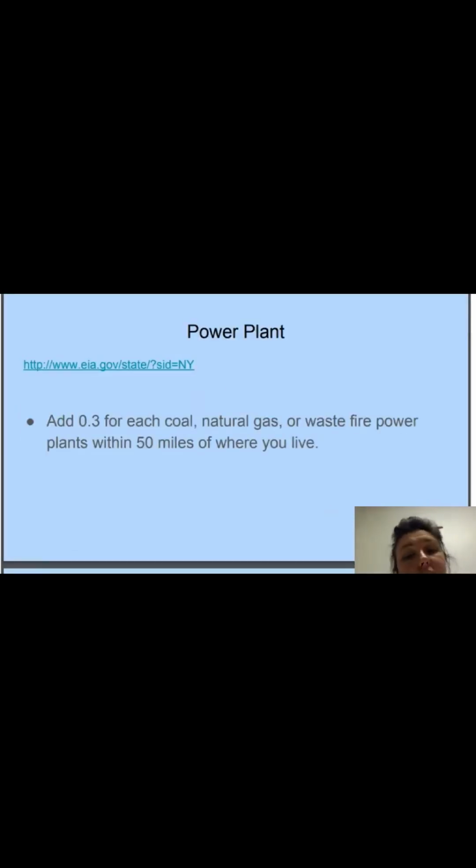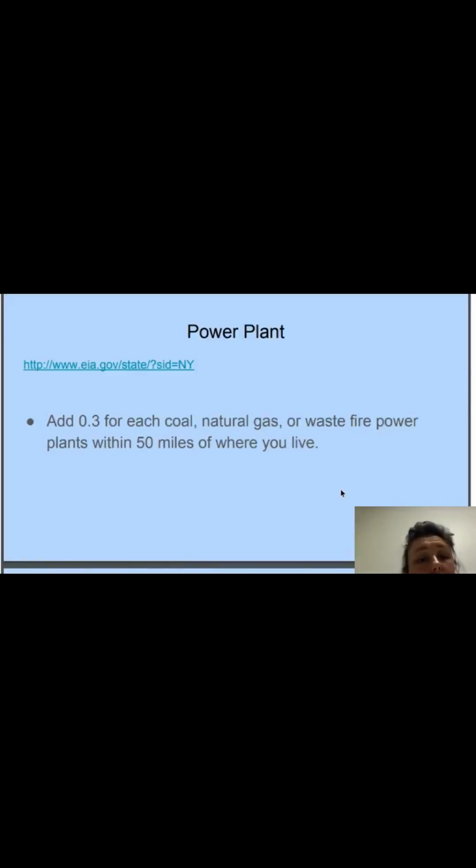Now, the next part requires you to do a little research. So I'd like you to hop on to your .gov or your state, and I give you the little SKU for New York, but if you happen to be in another state, please use the appropriate state, and add up how many coal-fired, natural gas, fossil fuel-based power plants will be near you, because you will have your standard radiation exposures from radium and thorium found within coals and fossil fuels and other waste materials in those fired power plants.